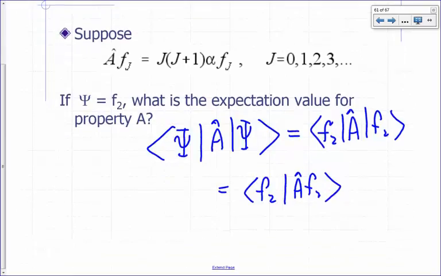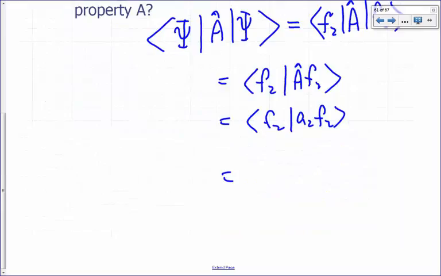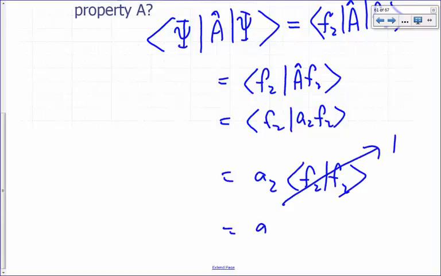What is A hat F2? It's A2 F2. Factor out A2, and F2 star F2 is just 1, so it's just A2.